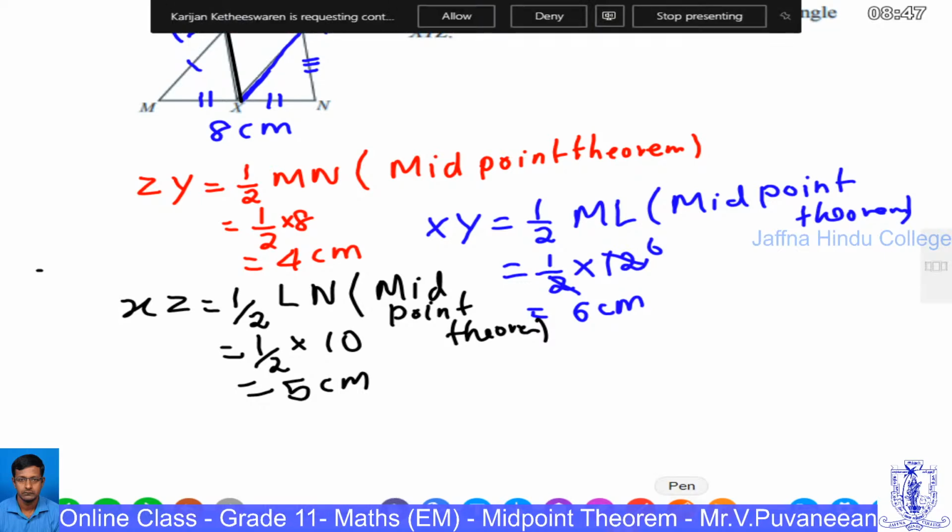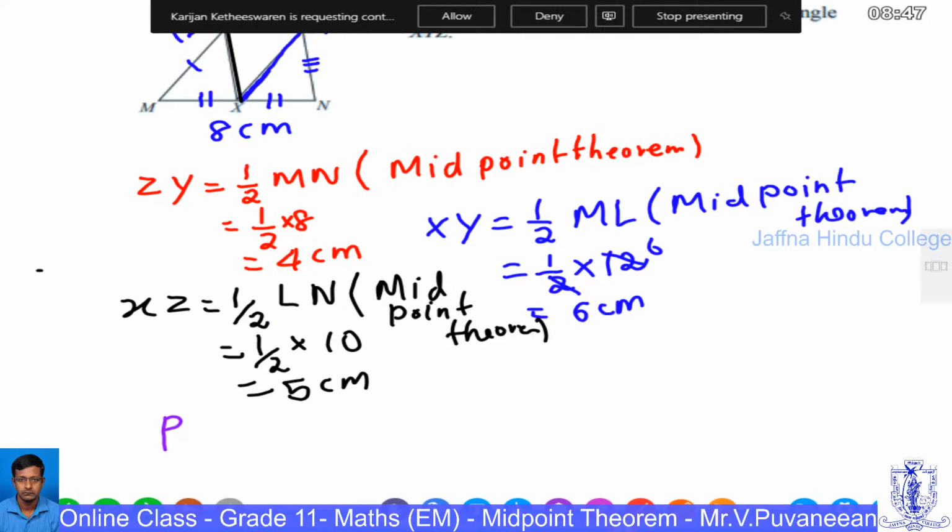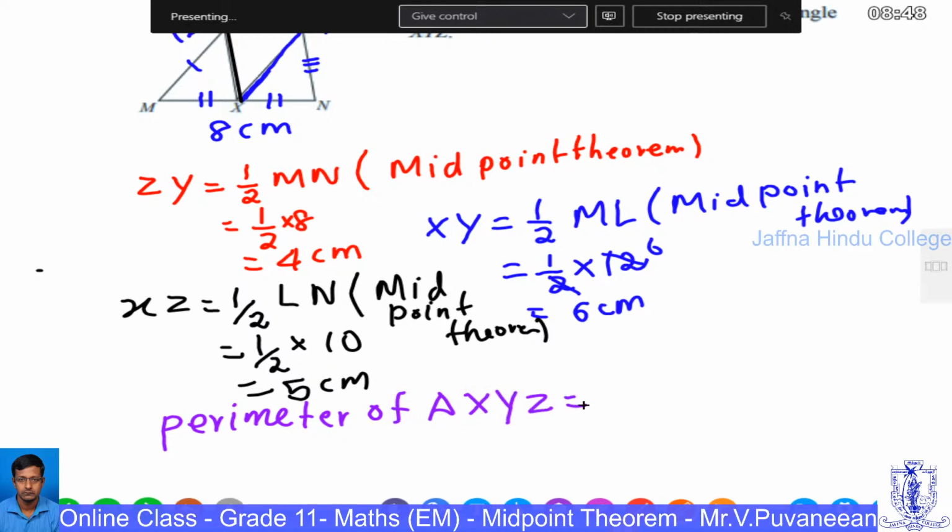So the perimeter of triangle XYZ is equal to the sum of the lengths of the three sides, XY plus YZ plus XZ.